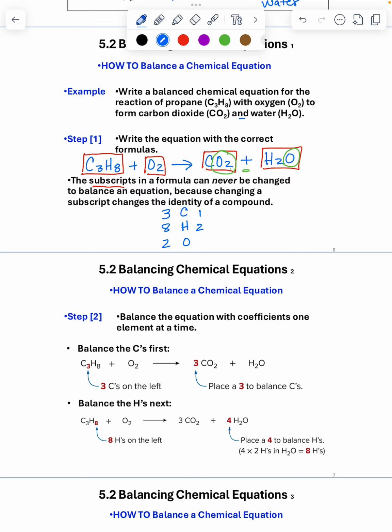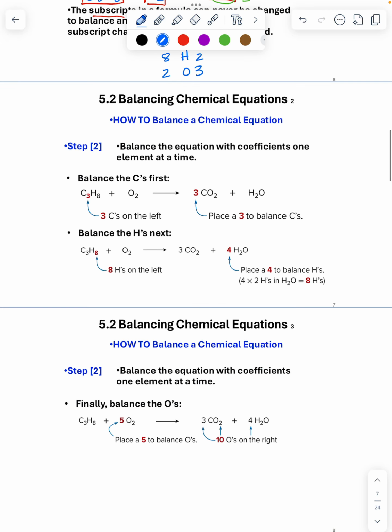And so by making this inventory, we can clearly see that the number of atoms on each side is not balanced, and therefore we want to add coefficients in a way to make both sides have the same number of atoms. So on step 2, it says that we must add coefficients. Now remember, the coefficient has to go in front of the compound, and it affects the entire compound.